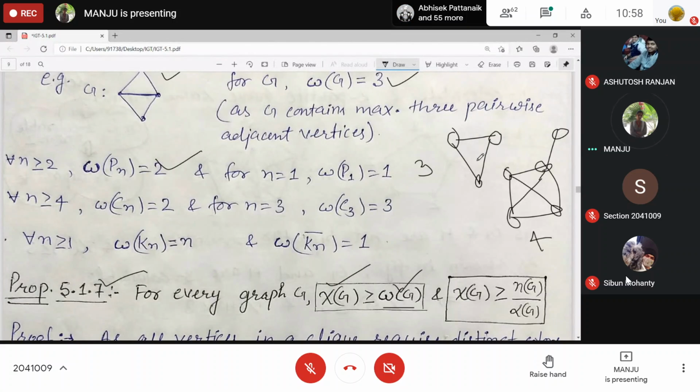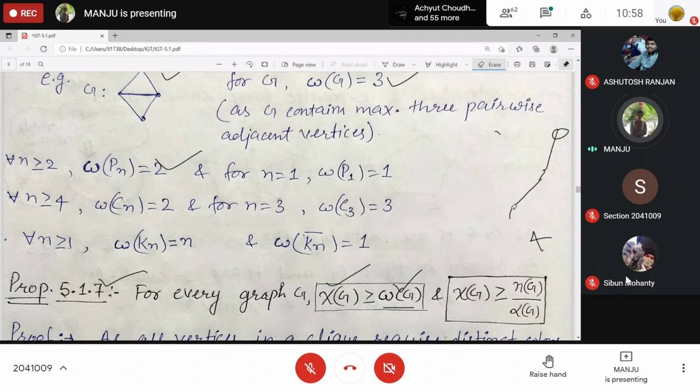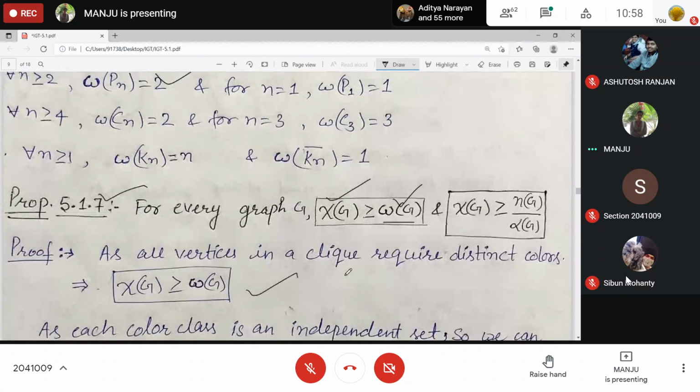So it is at least equal to the number of pairwise adjacent vertices, that is the clique number, because whatever the maximum clique, these vertices require distinct colors. Now try to prove this one. Chromatic number is greater than or equal to omega G, you can always remember this.